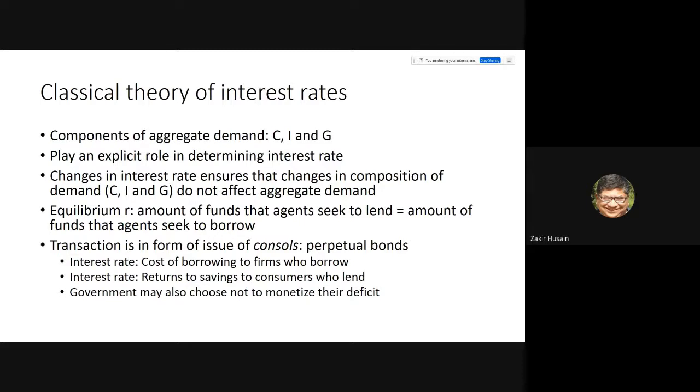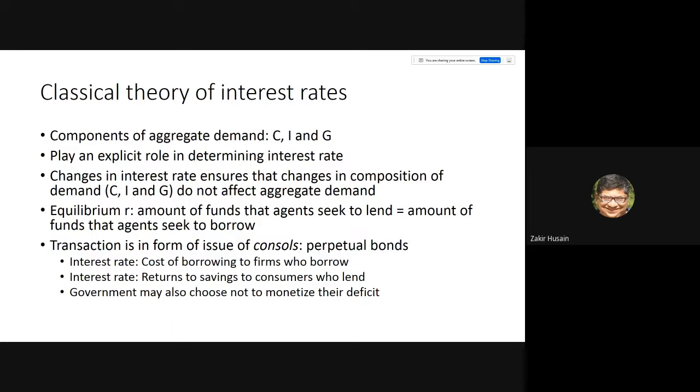Lending or borrowing occurs in the form of perpetual bonds, what we call consols. So if you want to borrow, you're going to issue a bond. So Udita will issue a bond, Udita Incorporated, and those of us who want to lend out money will buy the bonds from her, and she is going to get the money.